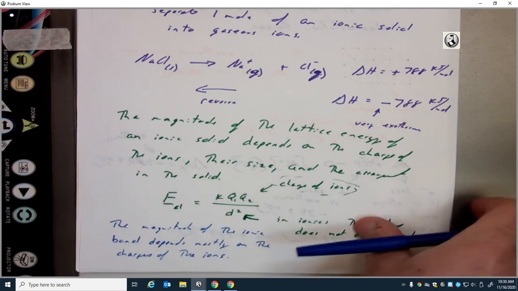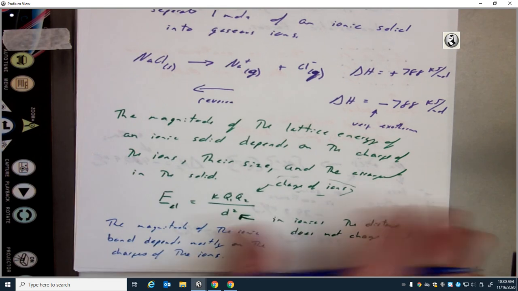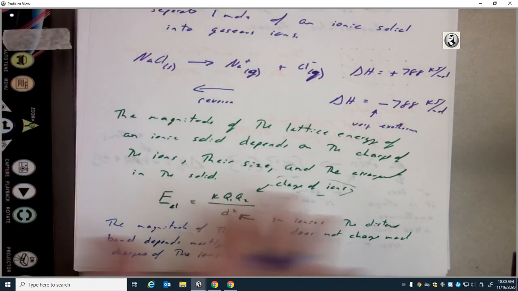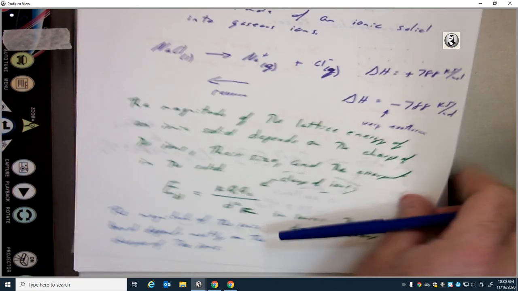So we can compare lattice energies between different compounds.